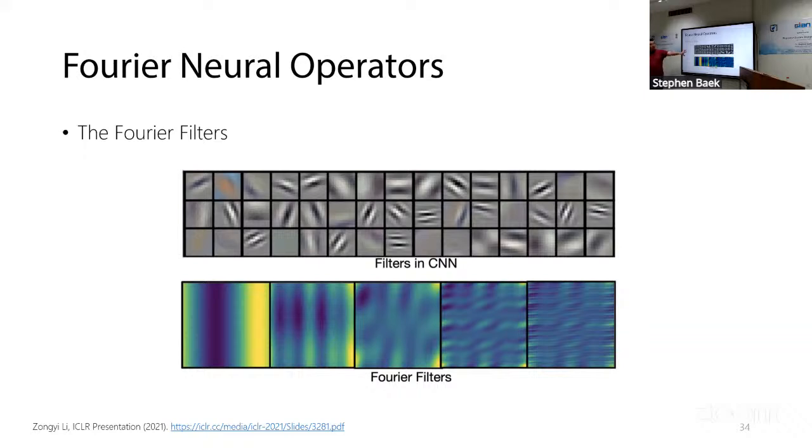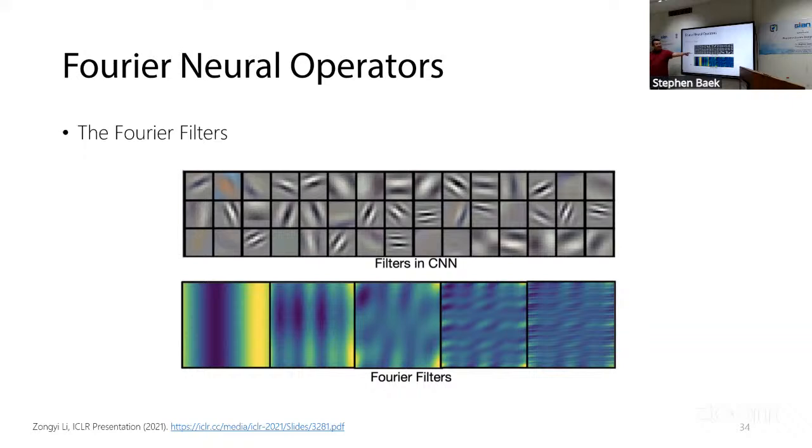So the Fourier layer is basically like the convolution layer, except that the filters are now represented as a continuous function. The other thing is the Fourier transform is applied to the entire domain.